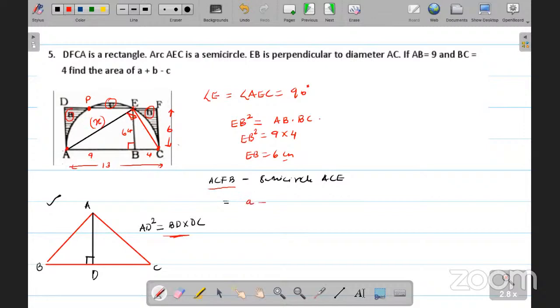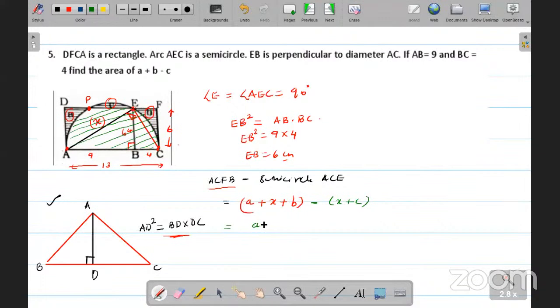It is made up of A plus X plus B. Do you agree? This whole area, let me color it in green. This whole region, I would say the area is X. And this rectangle is made up of A, this is your B, and this area is X. What about the semicircle? The semicircle is made up of X plus C.